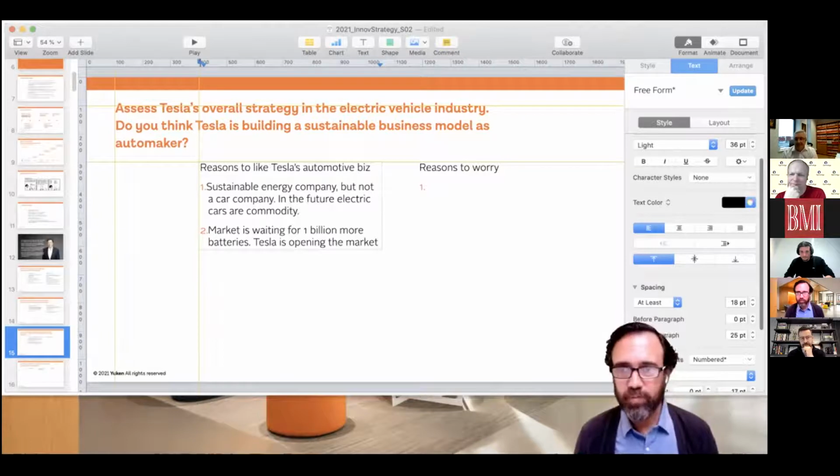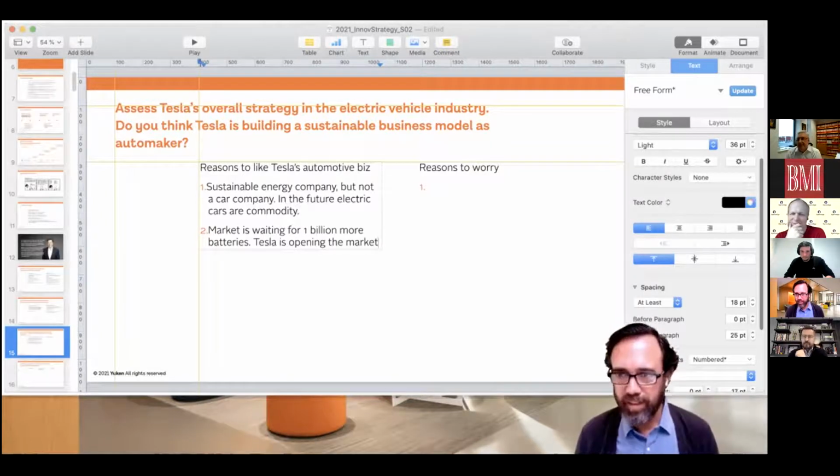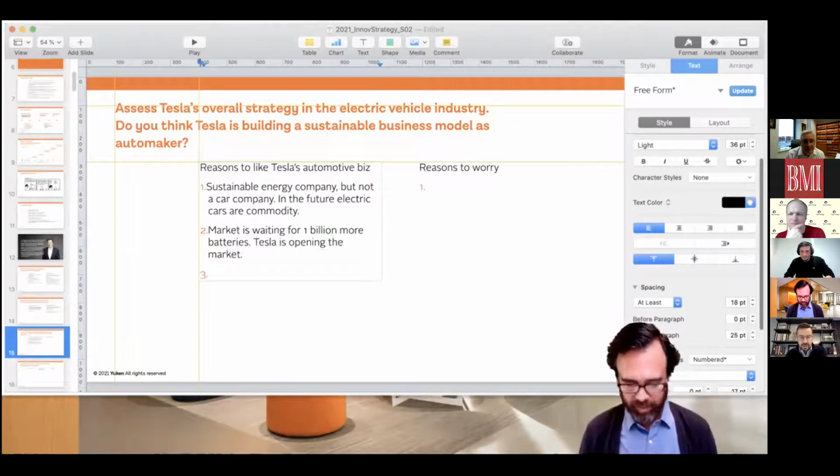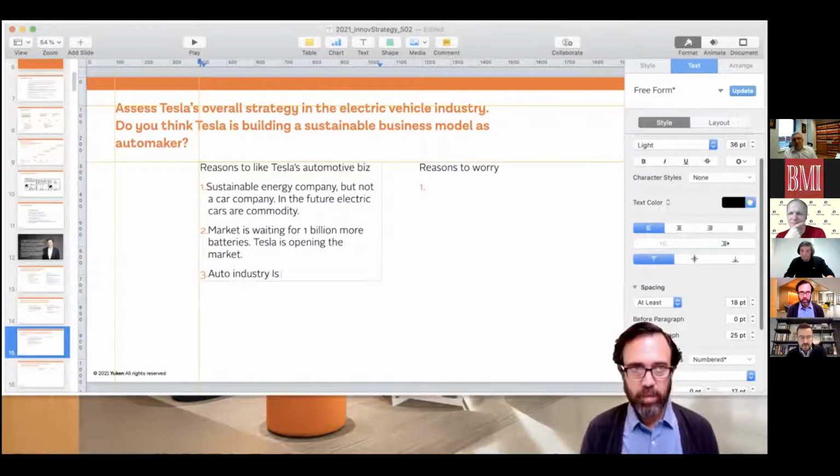Who else? Well, the automotive industry is actually quite old and they're quite experienced. So for Tesla to catch up with the actual technologies of the automotive industry would be really hard.